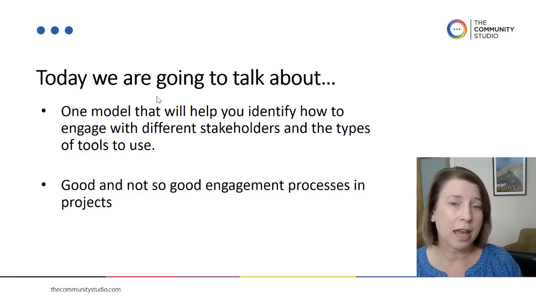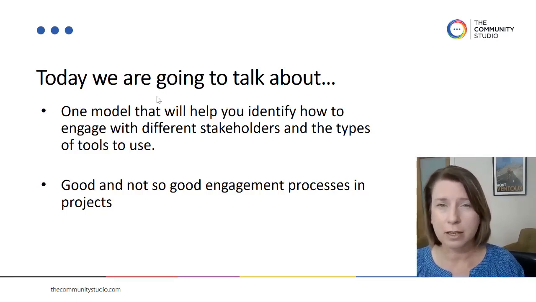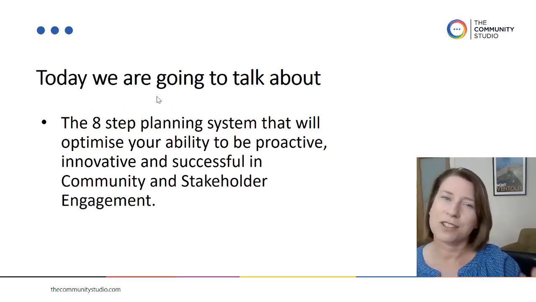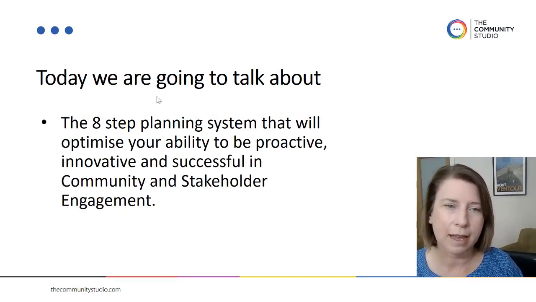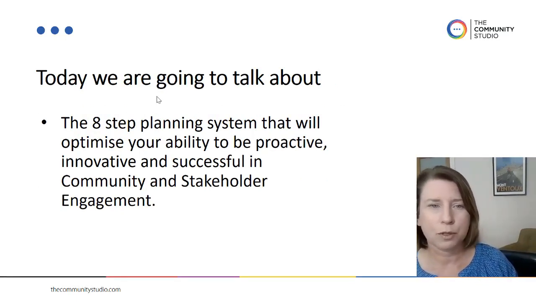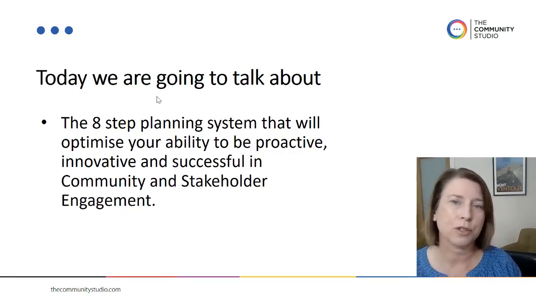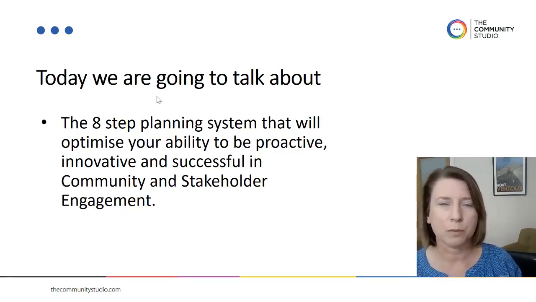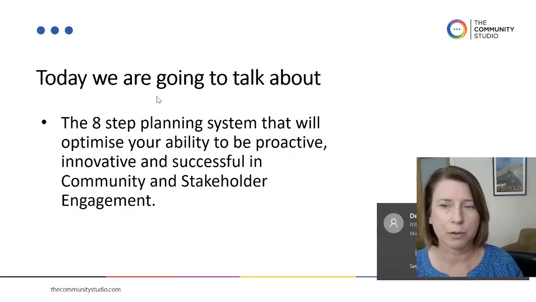We'll look at a good and not so good engagement process, so you can start to move to having those great engagement processes as part of your projects. And we'll also talk about planning, of course, and we particularly will talk about the 8-step planning system that will help you optimize your ability to produce proactive, innovative, and successful engagement processes for your projects and get them approved.